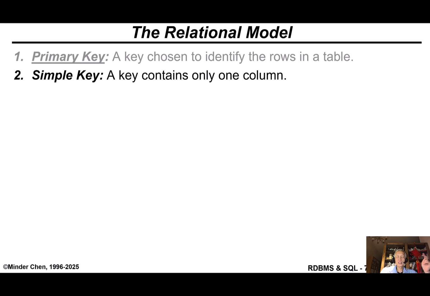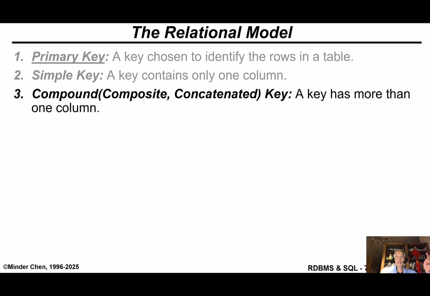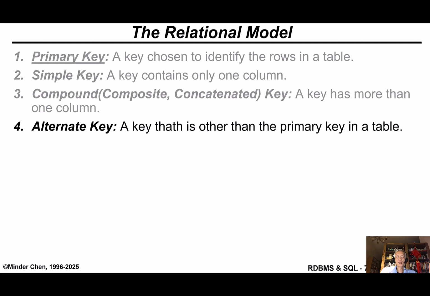If a key consists of only one column, it's called a simple key. If it consists of more than one column, then we call it a compound, composite, or concatenated key. A key other than the primary key in a table we call an alternate key, but it's also a unique key, by the way.